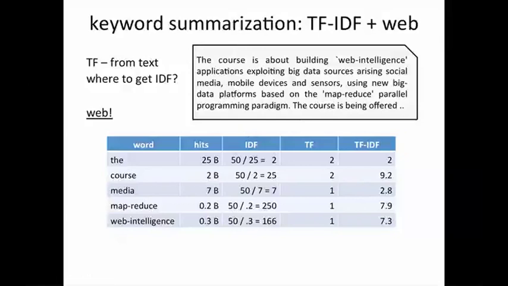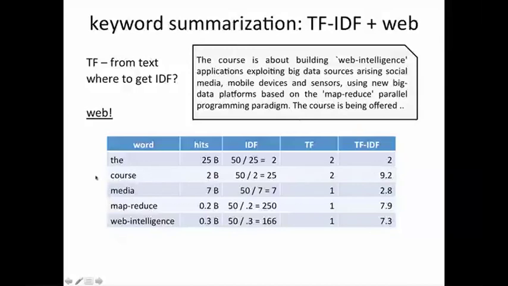When we take the log, multiply by the frequency of the term in the paragraph itself, we get the TF IDF value. Well, here log of 2 is 1, obviously, and so you multiply by 2 and you get 2. But interestingly, for the others, you get slightly surprising results, but also intuitive ones.